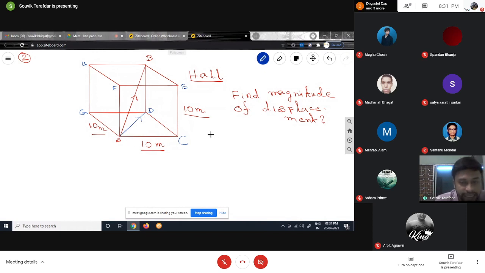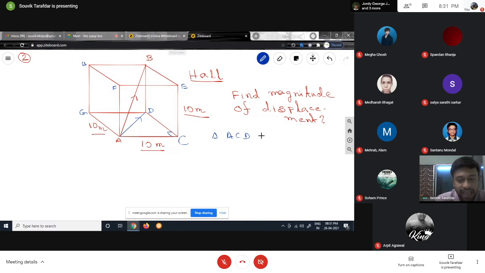Now you see, in triangle ACD, this is a right angle triangle. Why? Because it's a square. So if you draw the diagonal, then the angle in between will be 90 degrees.